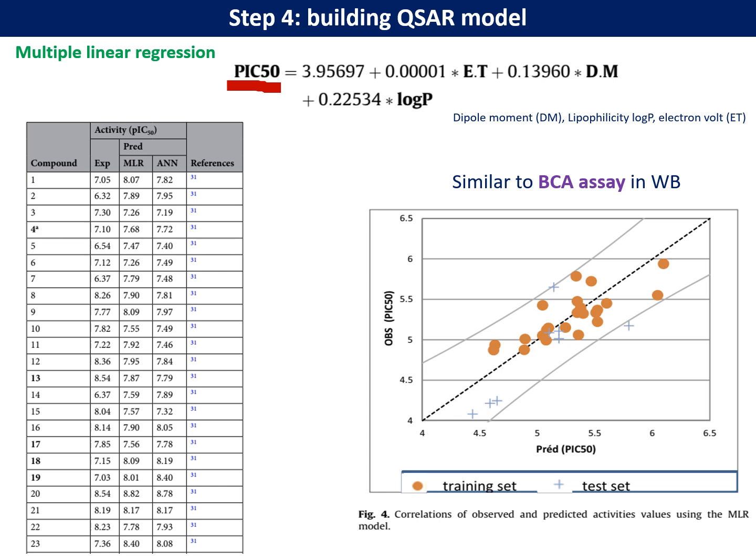After you run this model, it will show you your data from the experiment and the predicted values from your model. Here I show the multilinear regression and ANN model. After you have the data, you can draw the graph like that.